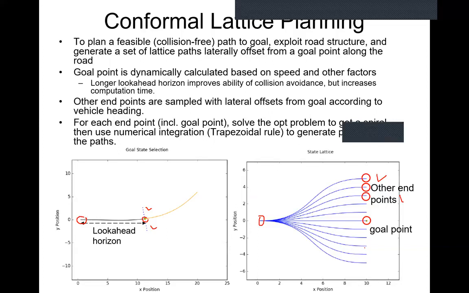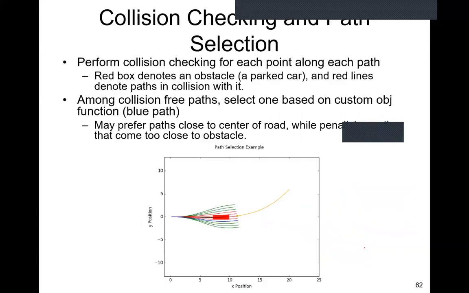The reason you want to do that is for collision avoidance. For example, if you had a vehicle that's broken down and parked in the middle of the road, the red box, you can check for collision for every point along each path.